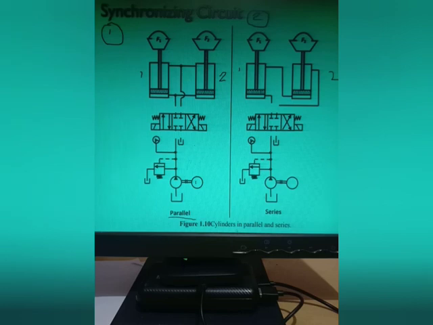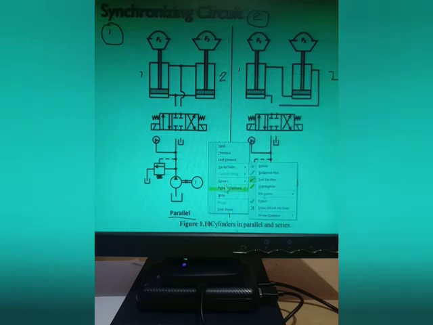Then we are using here a 4/3 direction control valve. This direction control valve is a 4/3 solenoid operated direction control valve. There are three positions: position number 1, position number 2, and position number 3, the central position.